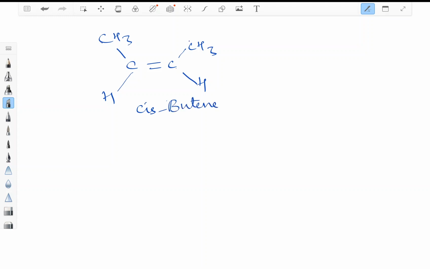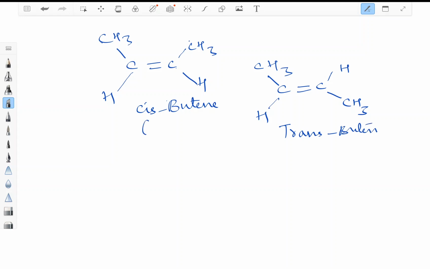The other example was carbon having a double bond which has CH3 on opposite sides due to restricted rotation, and opposite side means trans butene.